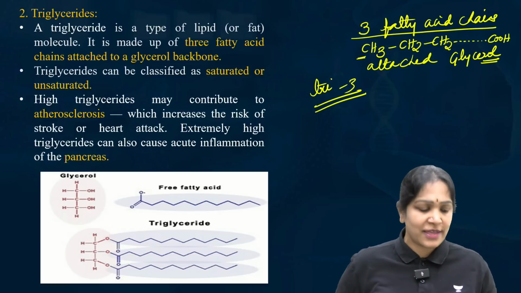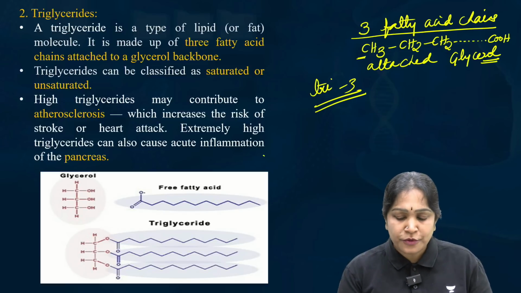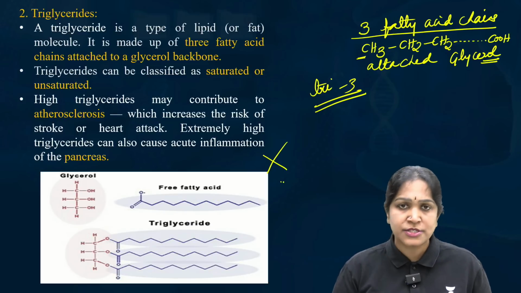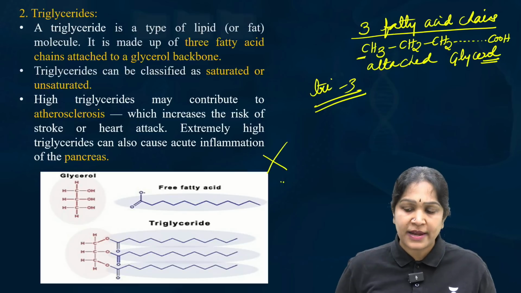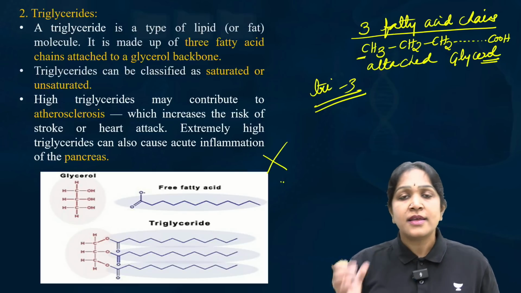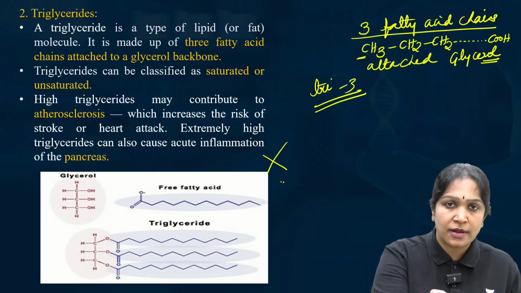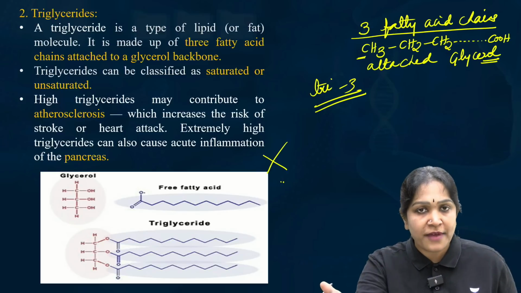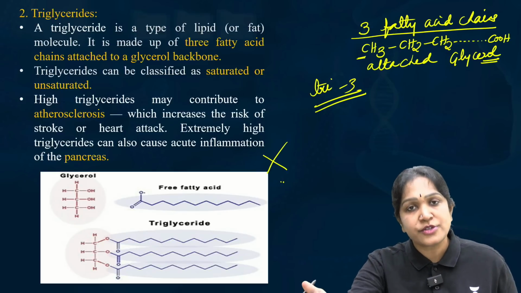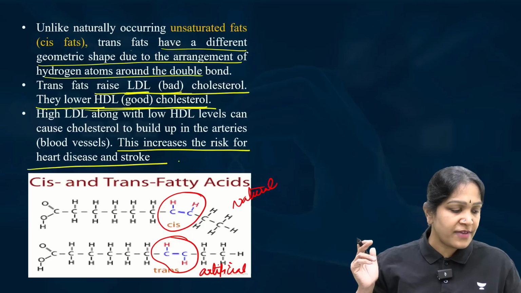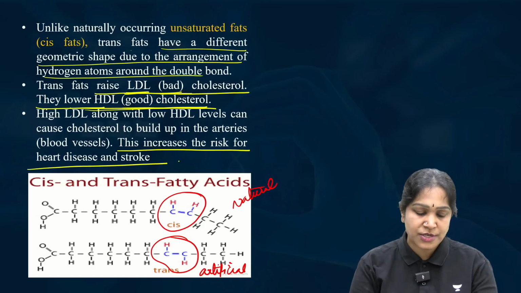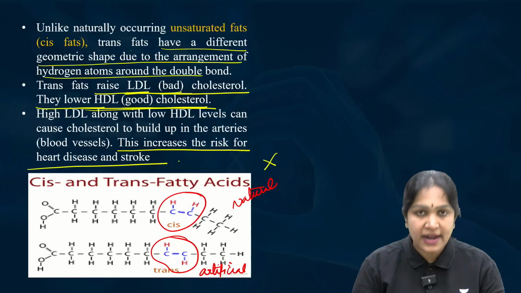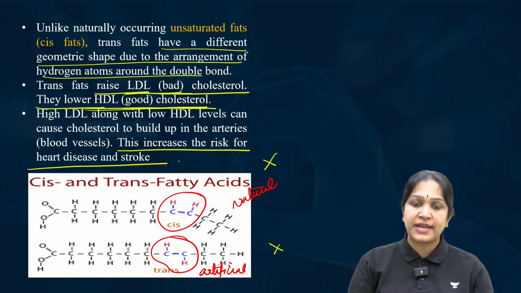By the way, one good thing is, you don't have to remember these structures. Nobody will ask you to draw these structures in the exam. So don't feel that this is complicated. You just have to remember that there is a chemical called glycerol, and if we add 3 fatty acids to it, we will get a triglyceride. Same way, you don't have to draw the structure of the cis fat and trans fat in the examination.